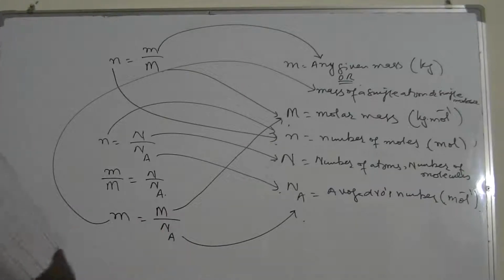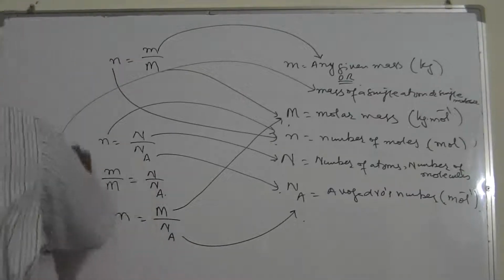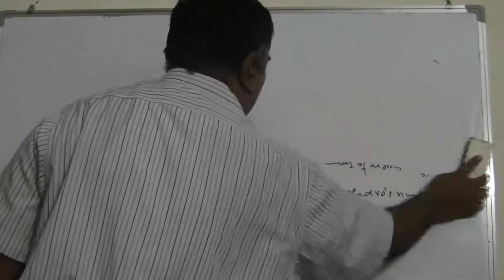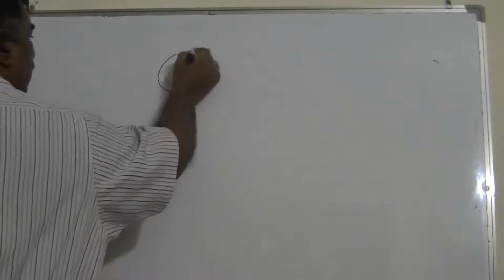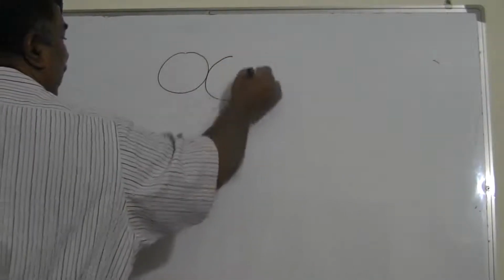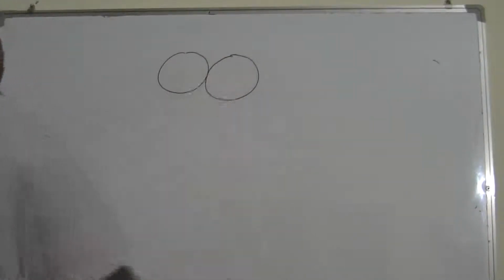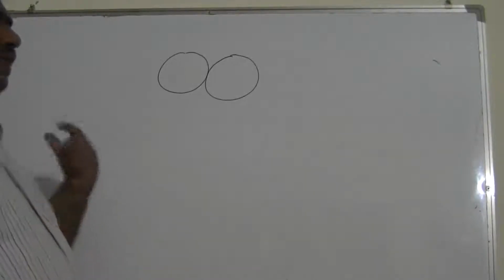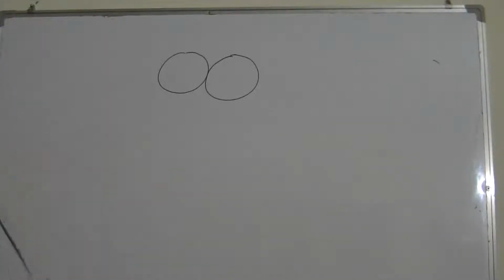Sometimes this formula and the moles concept are used to find the diameter of a single molecule or the spacing between two consecutive molecules. For example, if these are two molecules, spherical in shape, for estimating purposes we'll suppose them to be cubes. There is a justification because molecules are very small. Whether you consider them a cube or a sphere doesn't matter.